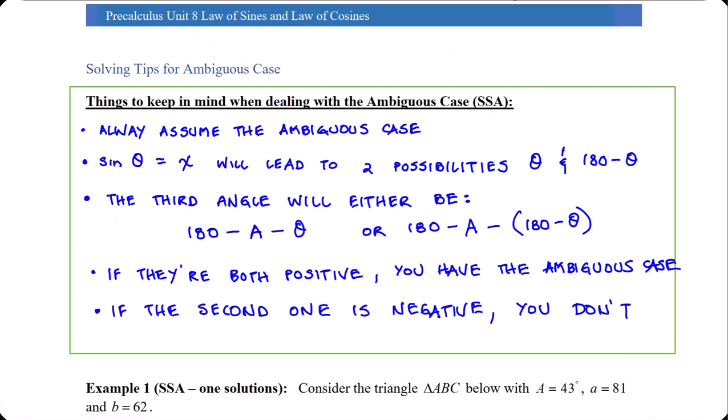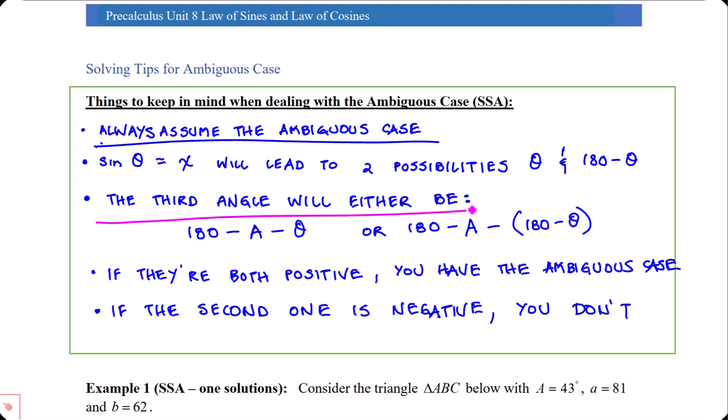So here's what I am suggesting. Always assume the ambiguous case. The third angle will either be 180 minus the angle you just found minus theta, or 180 minus the angle you just found and 180 minus theta.